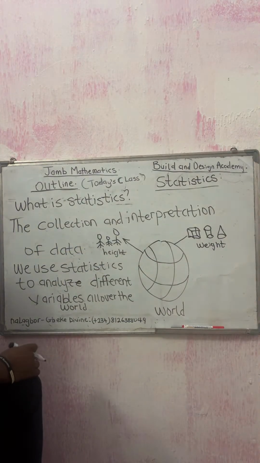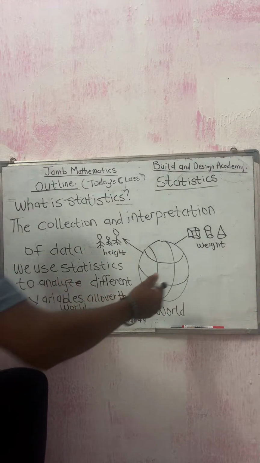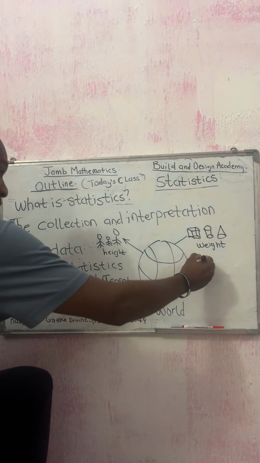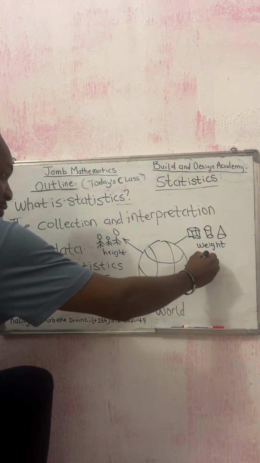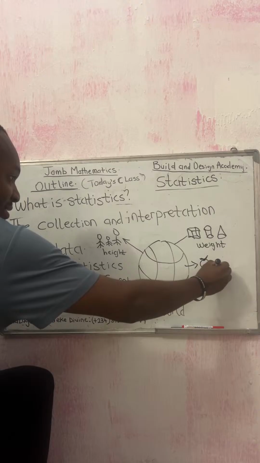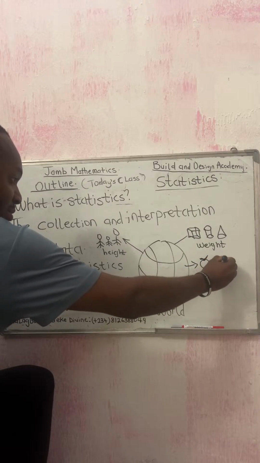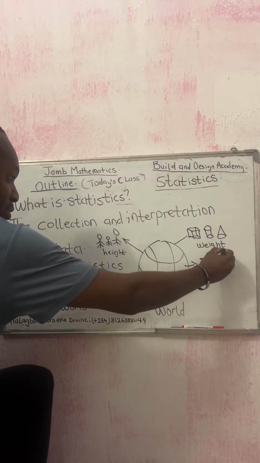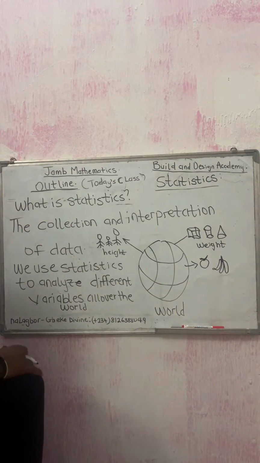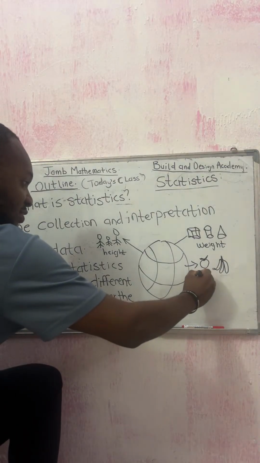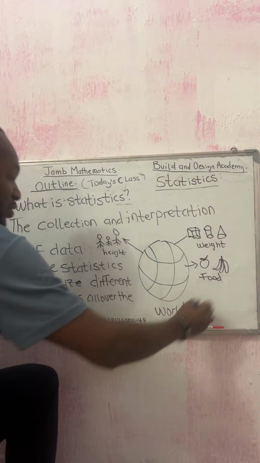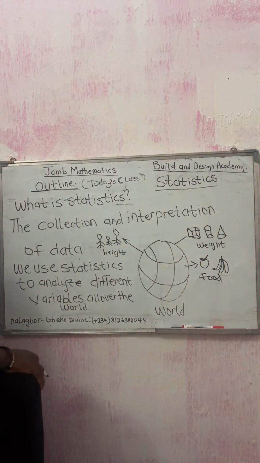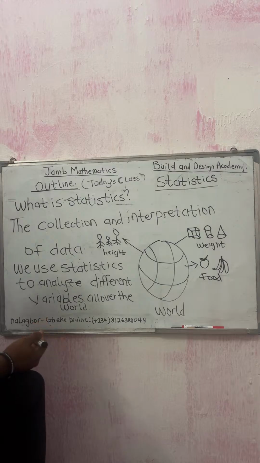Also, let's say we have different choices of food. Let's say we have an apple, we have bananas, so we also use statistics to analyze different foods. Now, let's say colors.